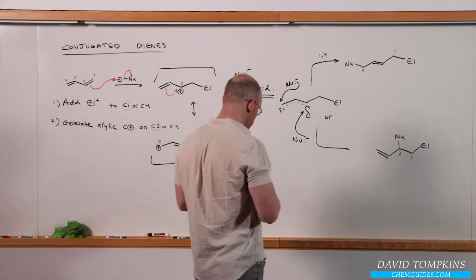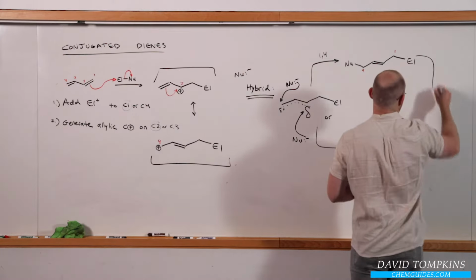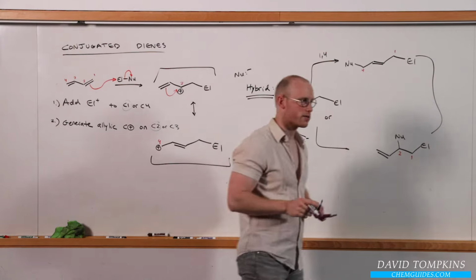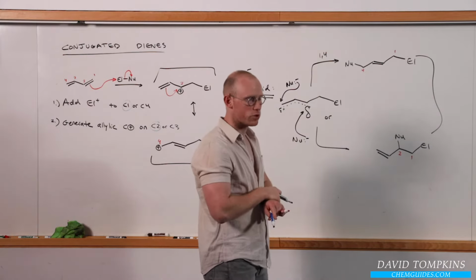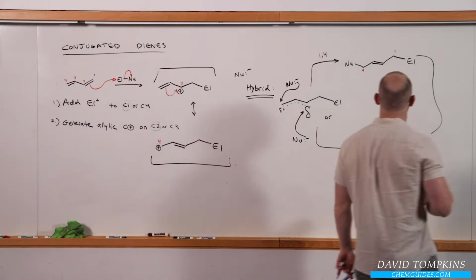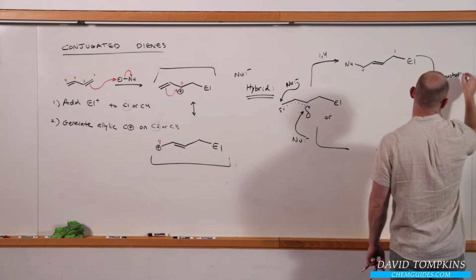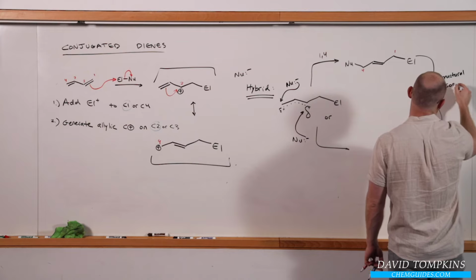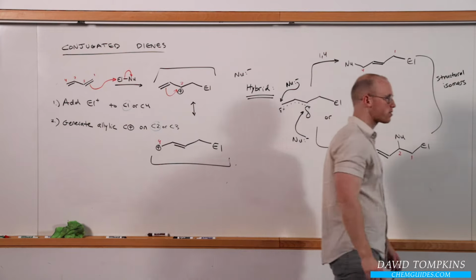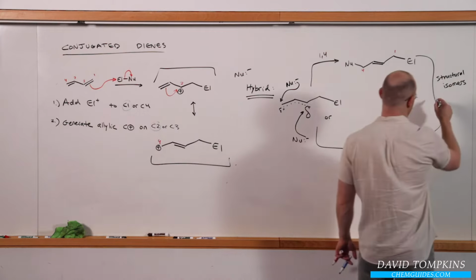So you can get two different isomers. And we'll talk extensively next about how we select between these in terms of which one is the predominant product. But the relationship between them is they are structural isomers. In reaction chemistry, we call these regioisomers.